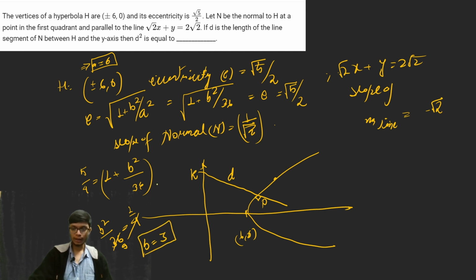So I can definitely write the hyperbola equation as x square by 36 minus y square by 9 is equal to 1.